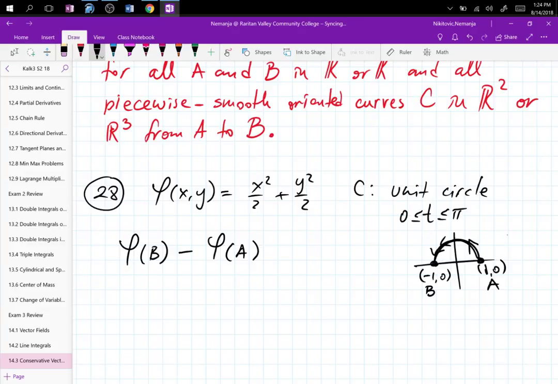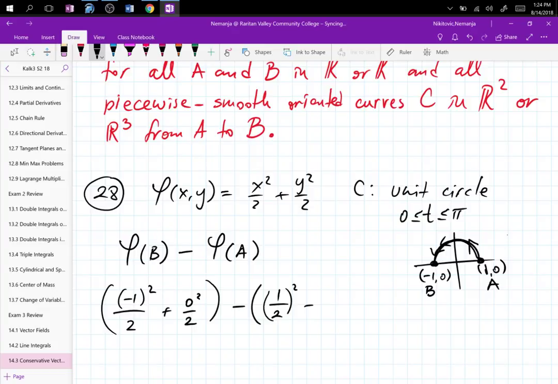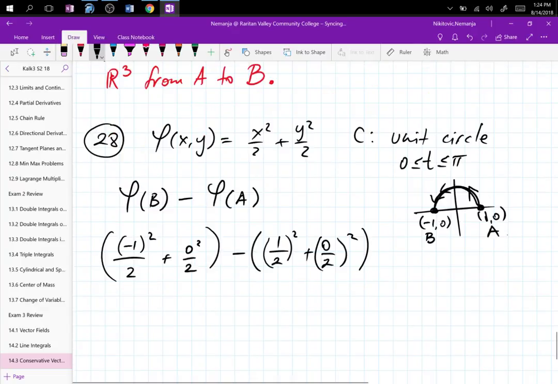B is (-1, 0), so this is (-1) squared divided by 2 plus 0 squared divided by 2, minus phi of A, which is 1 squared over 2 plus 0 squared over 2. You get 1/2 minus 1/2, and you get 0.